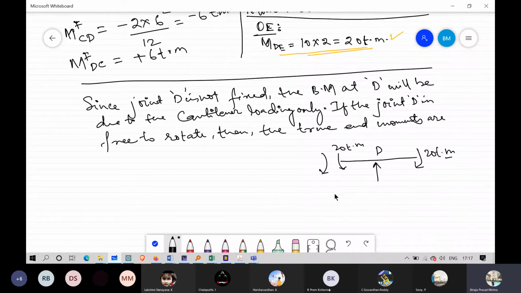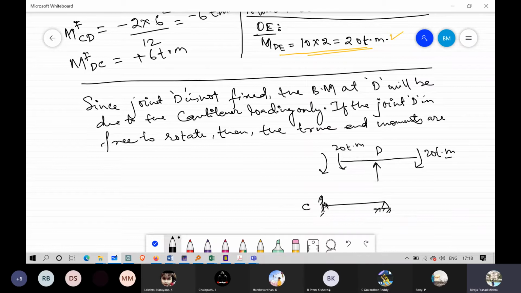So if we see this one, since the end C, when we are taking this, we are considering it as fixed, because when we take the distribution factor and we calculate the other factors, we generally consider this end to be fixed, right?